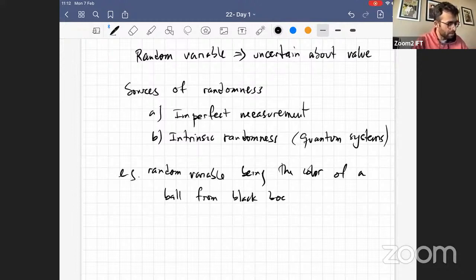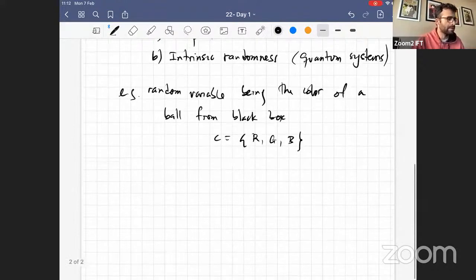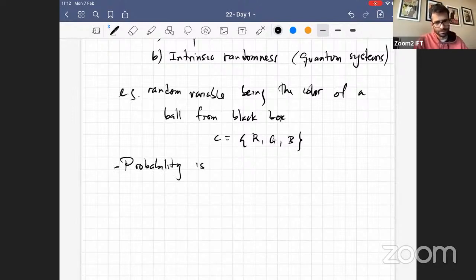You have a black box, and you pick a ball, and you have three possibilities, red, green, blue, whatever. And then you try to cover this randomness by constructing a notion of probability. So the probability is something that you define with some axioms.